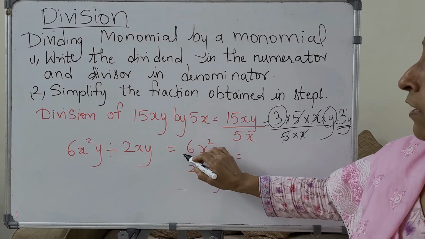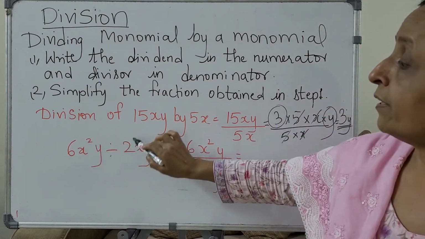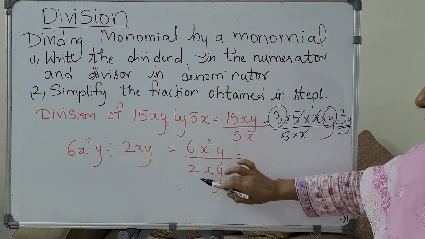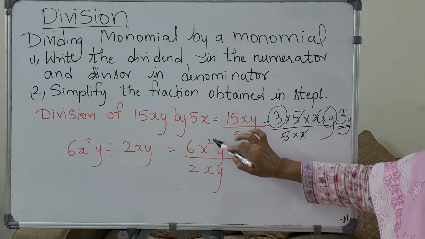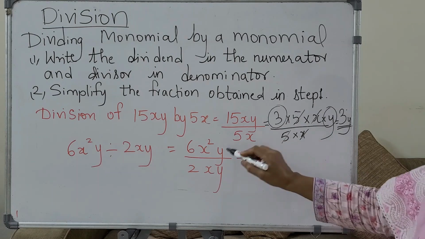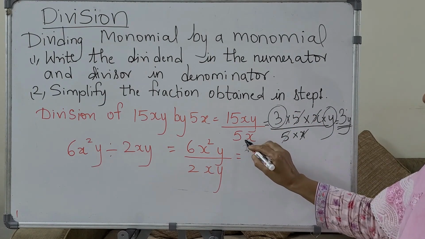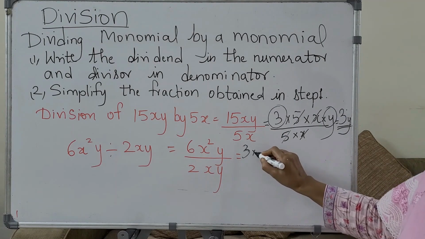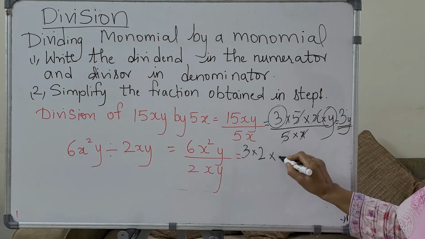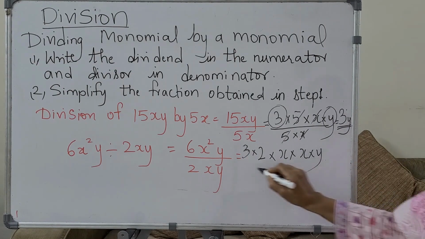Now same way here 6x square y divided by 2xy can be written in this form, 6x square y upon 2xy. So now again same way I can simplify. 6, I can write as 3 into 2. And x square I can write x into x, and y.